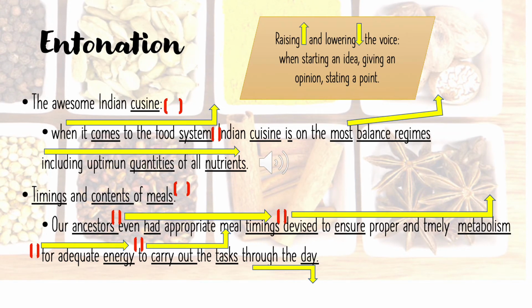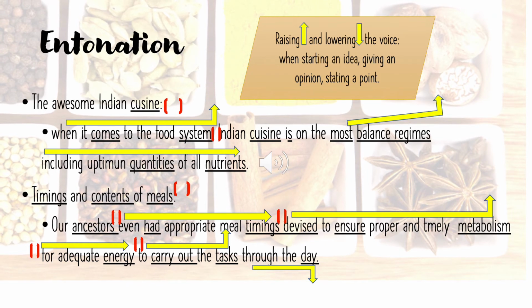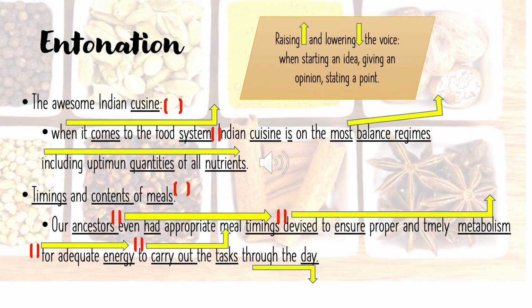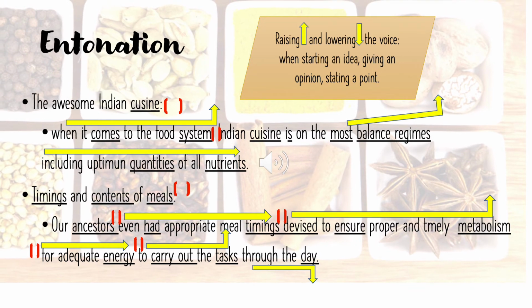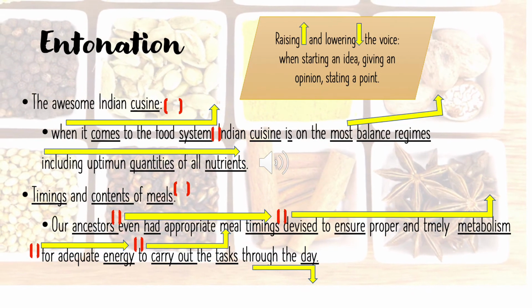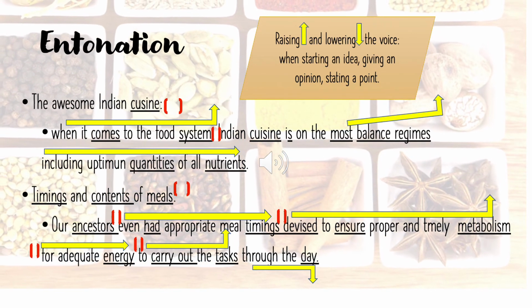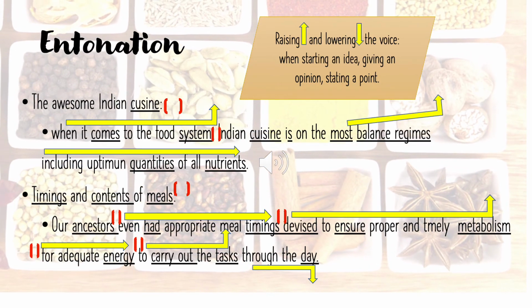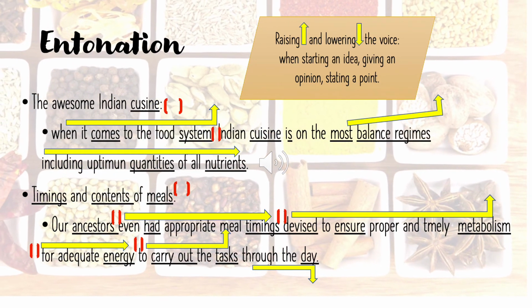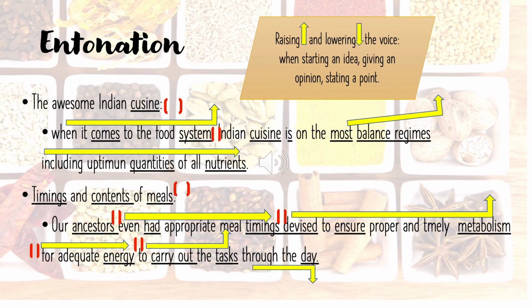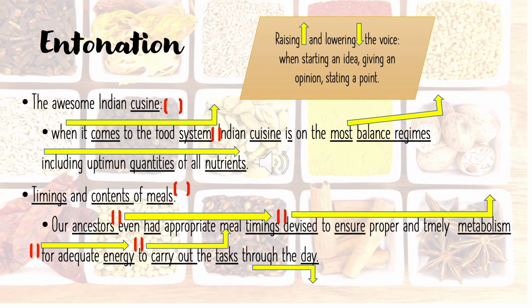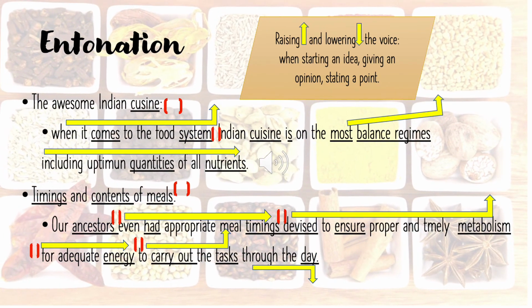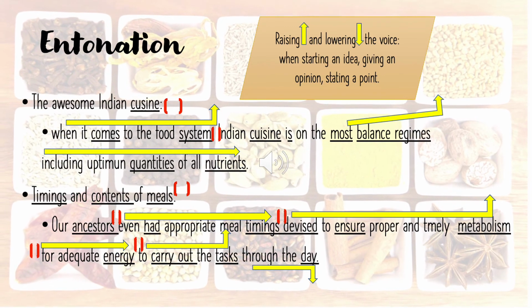When I'm raising my voice, the arrow goes up, and when I'm lowering the voice, the arrow goes down. But when I'm not making any intonation at all, the arrow stays still, continuous, not raising, not lowering, not upwarding, not downwarding.